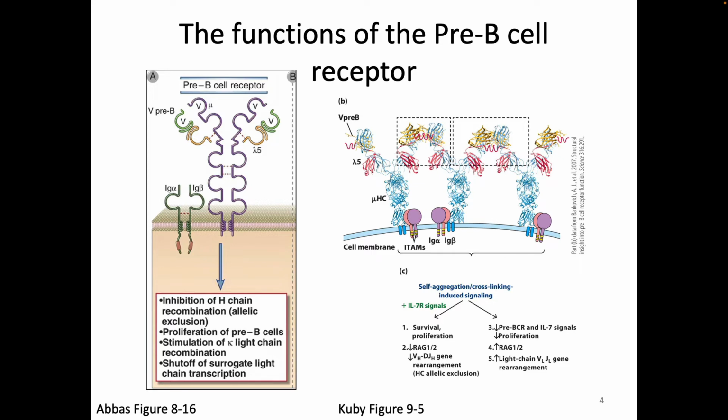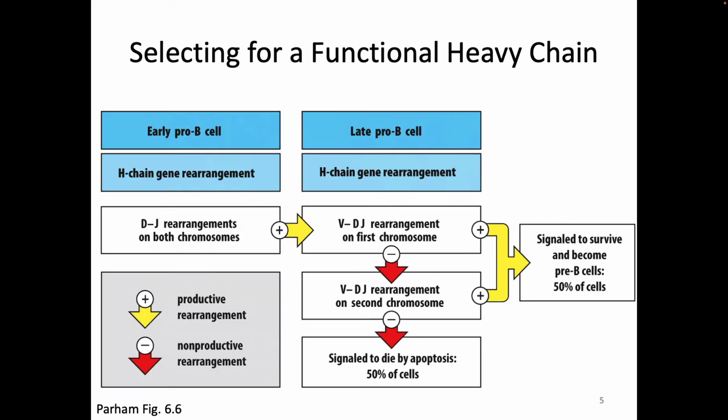If you recall, a big part of testing the heavy chain is the situation where we have both chromosomes doing the D to J rearrangement of the heavy chain. They both try to do V to DJ, but one of them finishes first, because that's how time works.